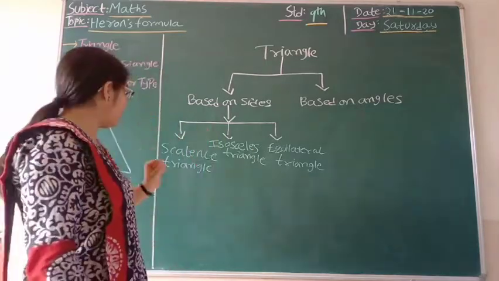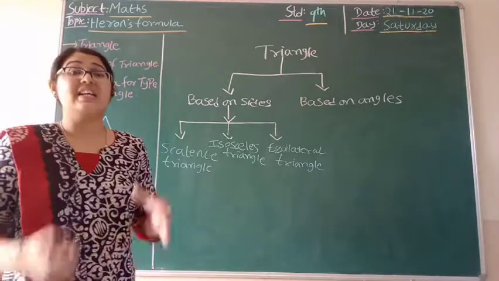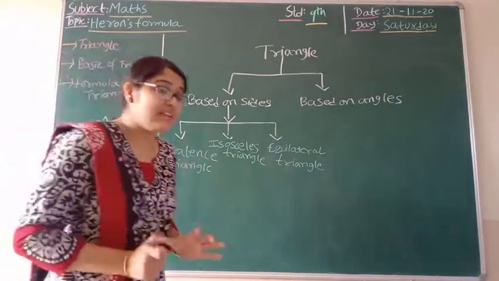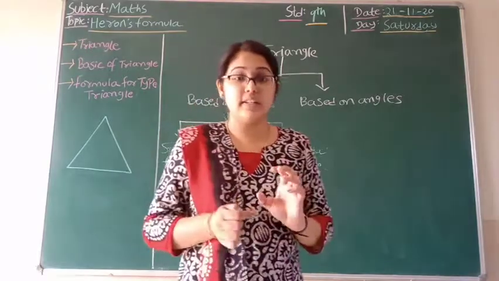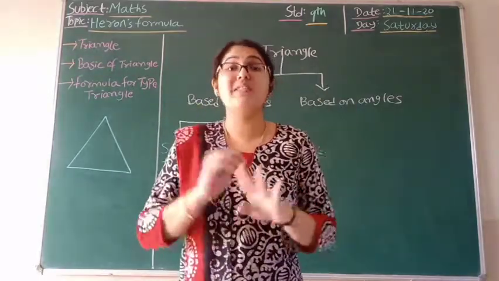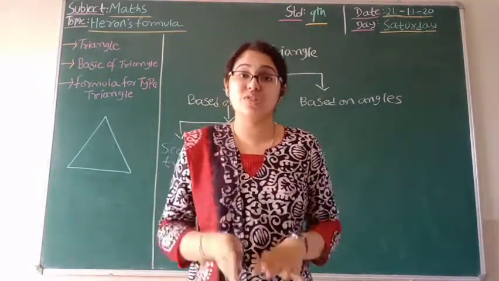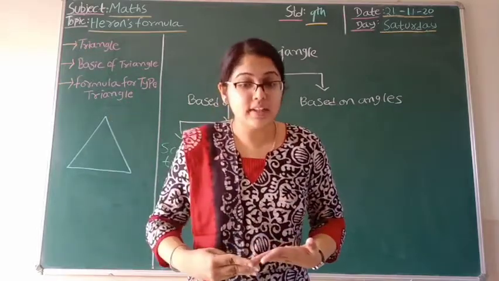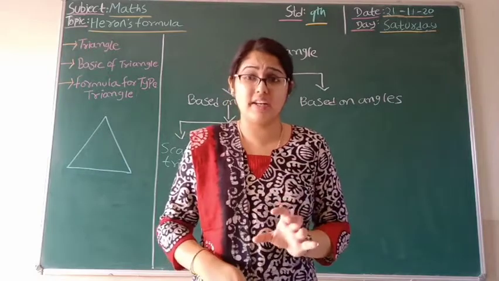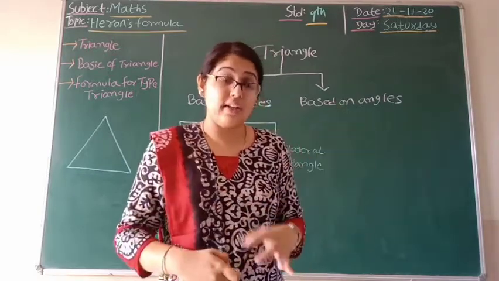Now students, the very first is the scalene triangle. So what is a scalene triangle? A scalene triangle is a triangle which has all sides different. It means this triangle has three different sides. Right? This is what we understand by a scalene triangle.